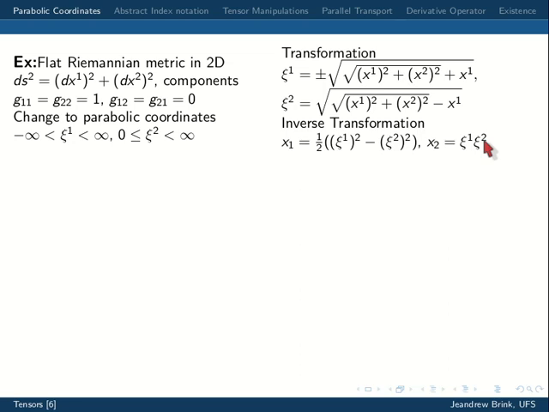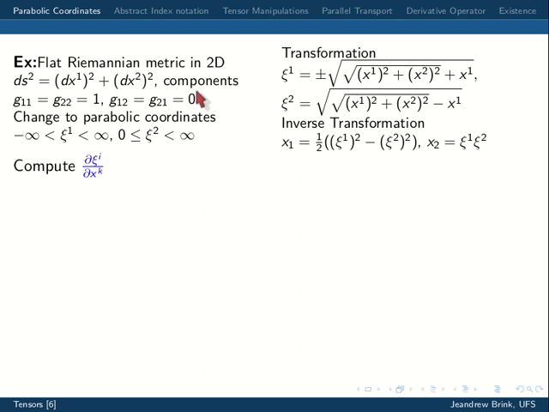As I said, this is not always possible, but if it is, it's useful to check. If it isn't possible, you can still do the calculations by computing the Jacobian using this and then computing the inverse Jacobian to get all the transformations.